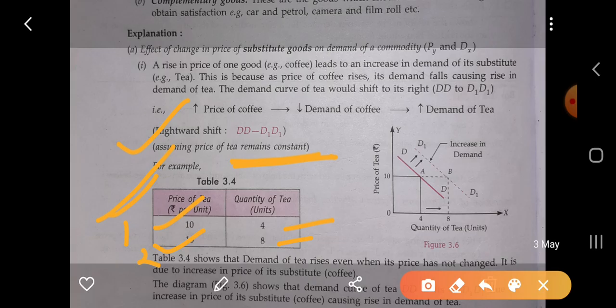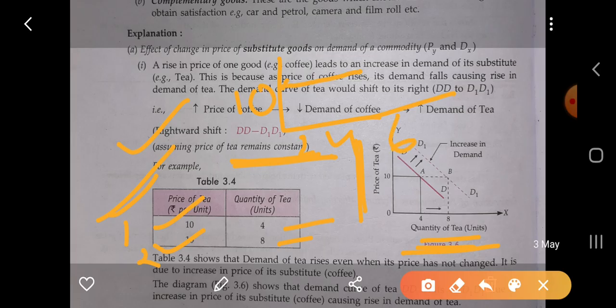So we have taken quantity of tea on the x-axis and price of tea on the y-axis. The price of tea is constant, so we have taken 10 here, and the quantity increases: 2, 4, 6.